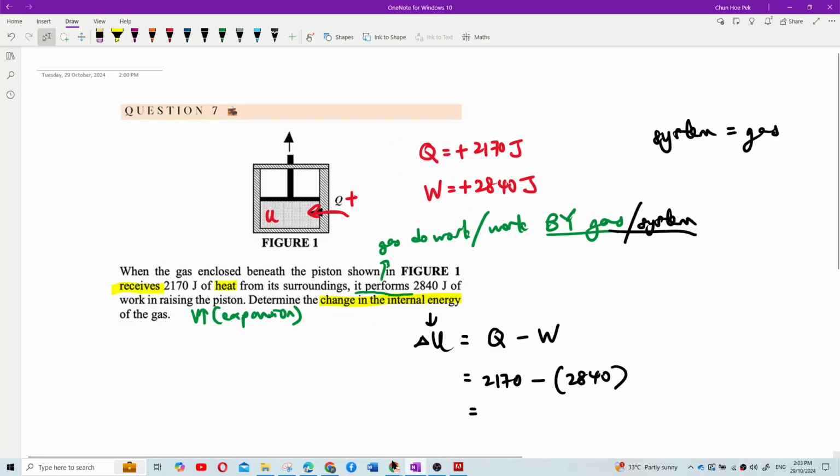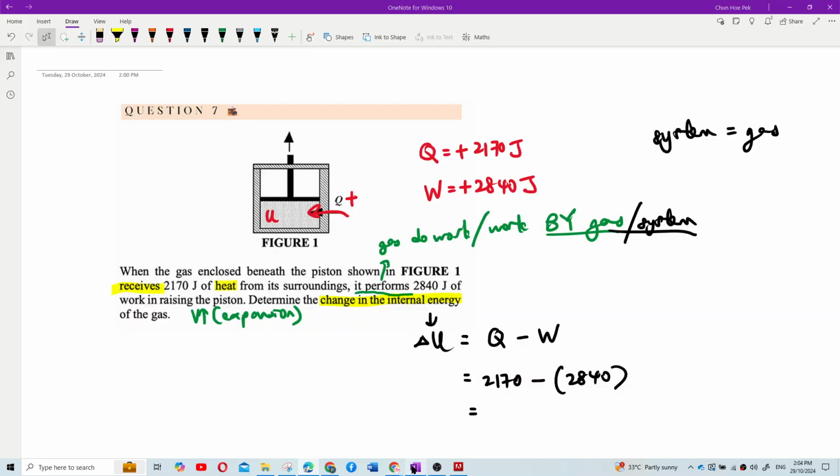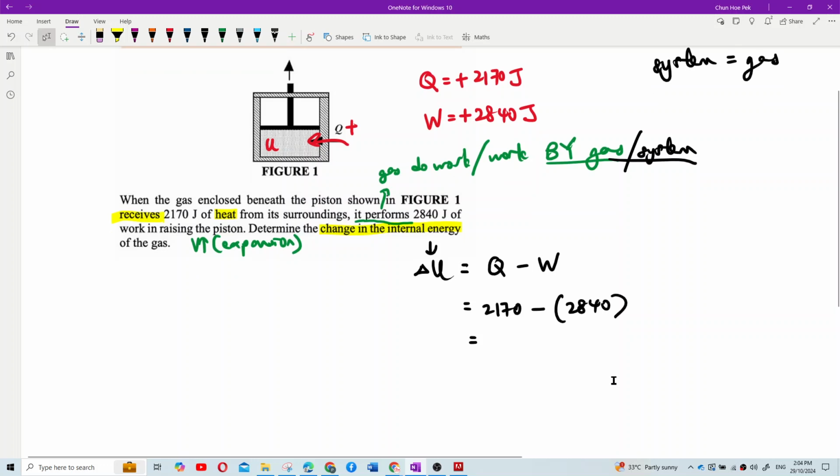This is question 7. Delta U, you get negative 670 joule. So you get delta U kamu adalah negative 670 joule.